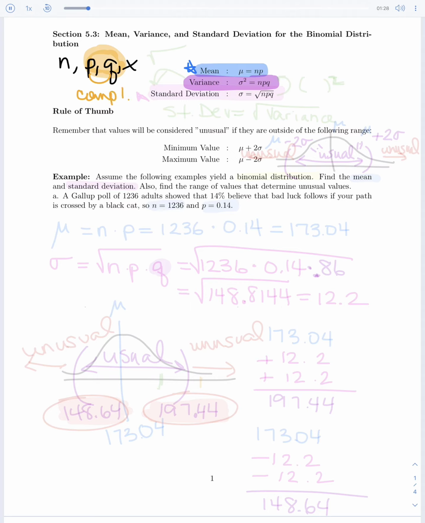Okay, well then how do you get standard deviation from the variance once you have the variance? Well, remember, we used to do the reverse in a previous section, where we would take the standard deviation and get the variance by squaring it.